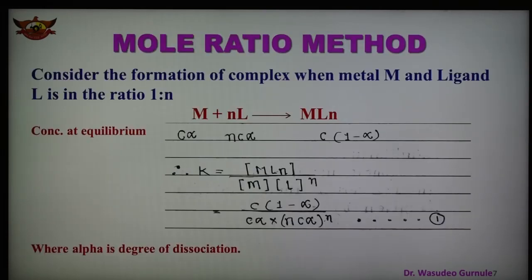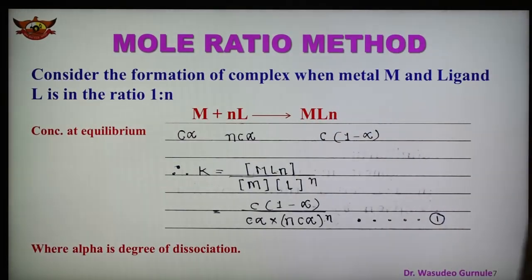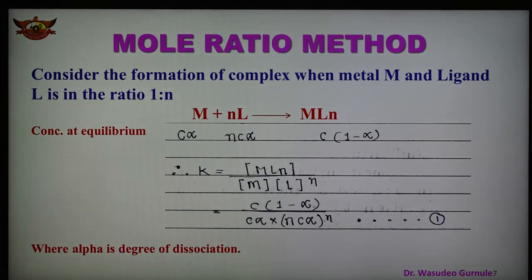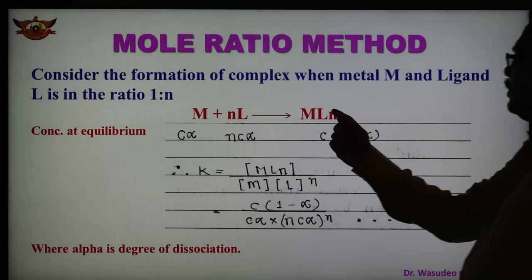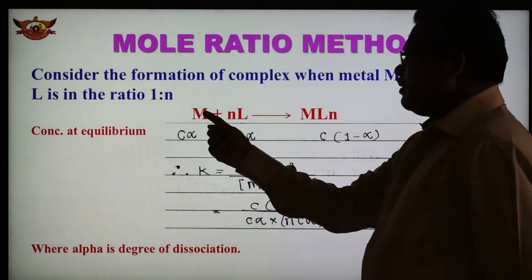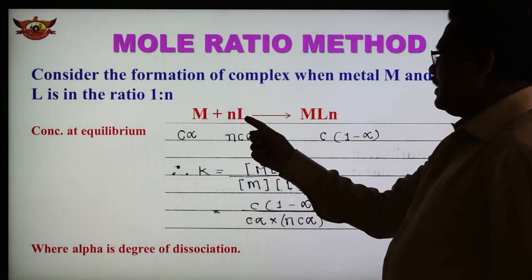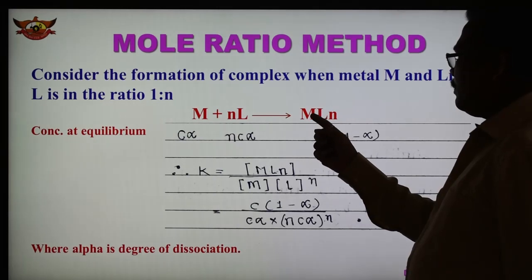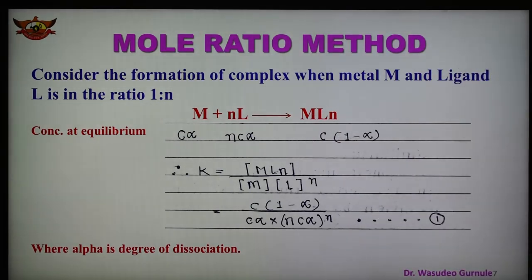For this case we have to consider the formation of a complex between metal and ligand in the ratio 1:n. So the metal to ligand ratio should be 1:n. 1 is there because the metal is 1, and for the ligand, n means we can change it. The general reaction for the formation of the complex is: metal plus n number of ligand forming the complex MLn.